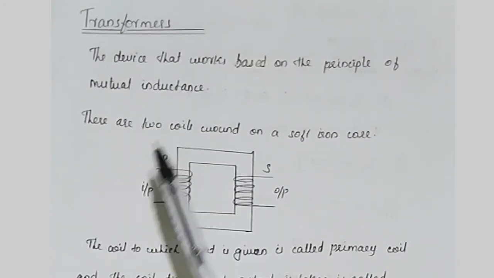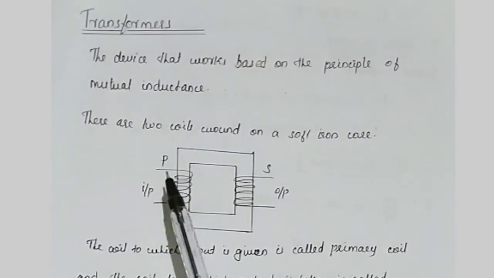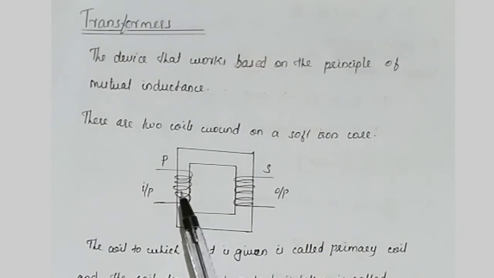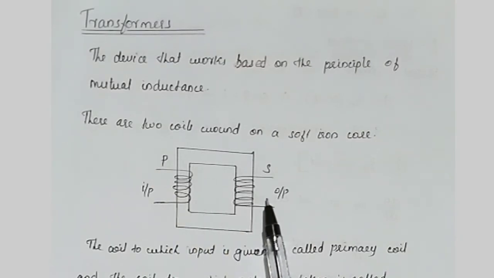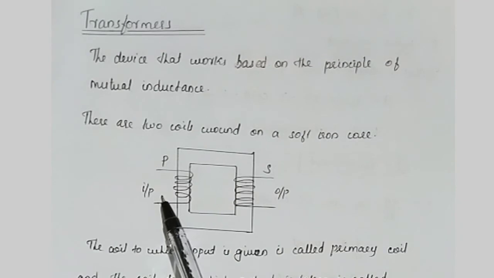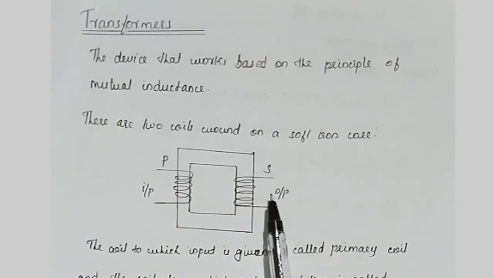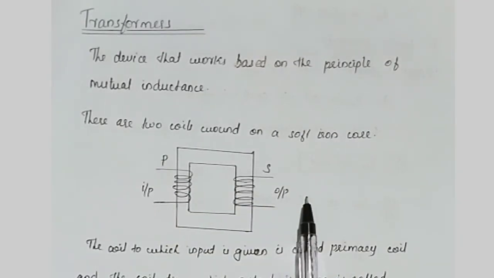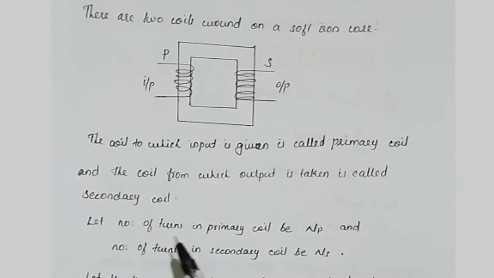In a transformer, we have two coils wound around a soft iron core, and we name the first coil the primary coil and the second the secondary coil. The input voltage is provided to the primary coil and the output voltage is taken from the secondary coil. Now we assume the number of turns in the primary coil to be Np and the number of turns in the secondary coil to be Ns.